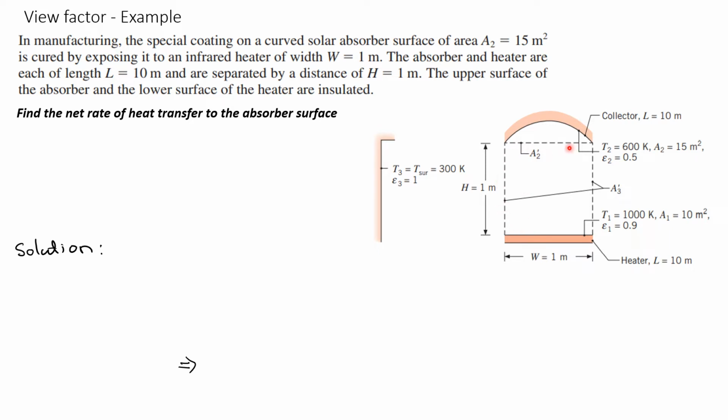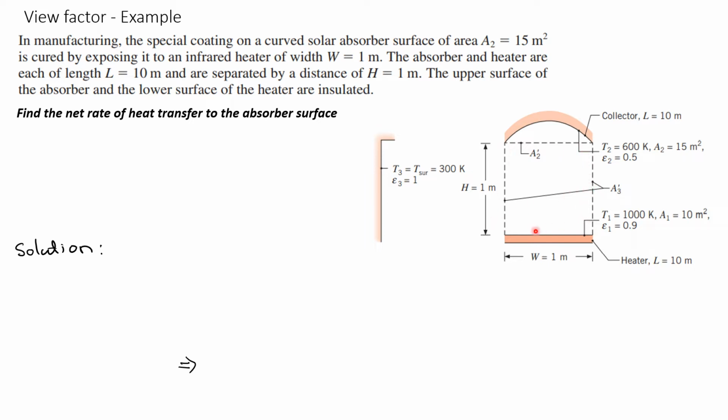We draw this square dotted line, which makes an imaginary enclosure, and we'll name this imaginary surface A2 prime and these two surfaces A3 prime. Because the system is symmetric, even though we have A3 prime and A4 prime, due to symmetry they will always be equal. So both these surfaces are A3 prime.